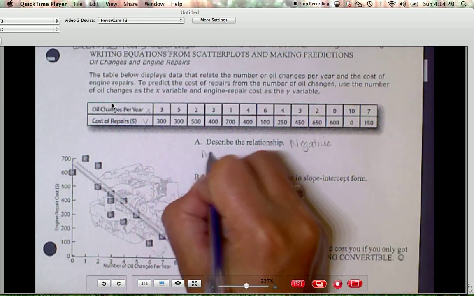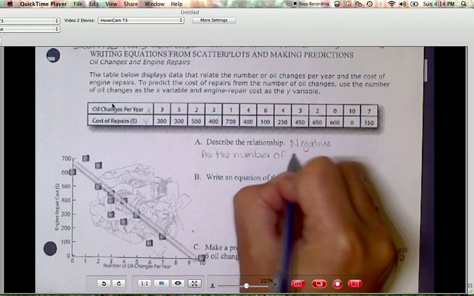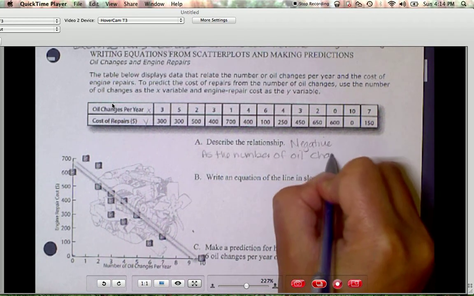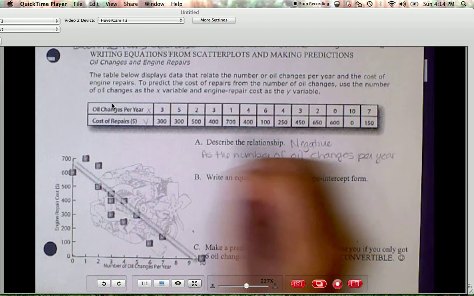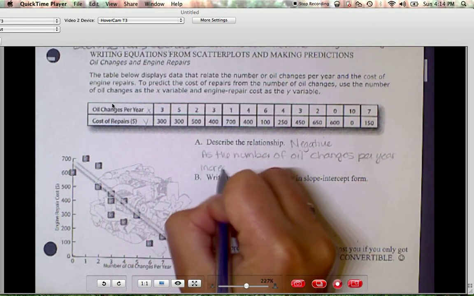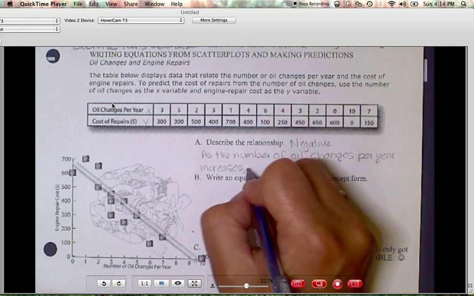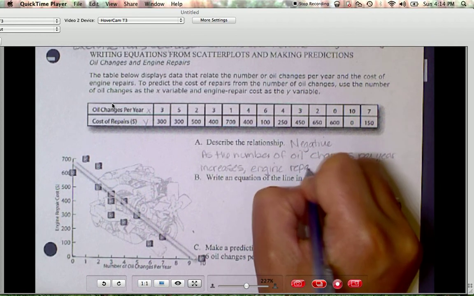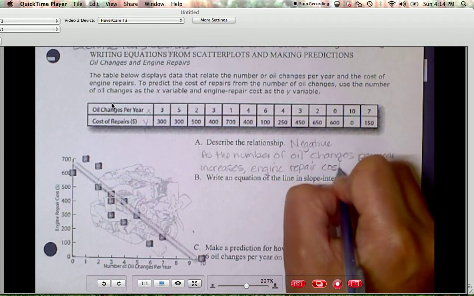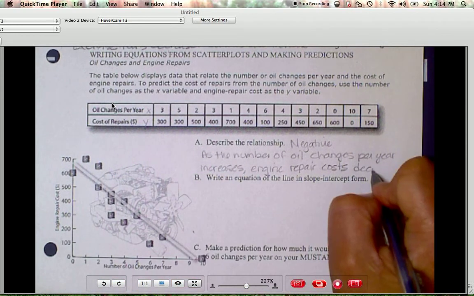So, as the number of oil changes per year increases, engine repair costs are going to go down, decrease.